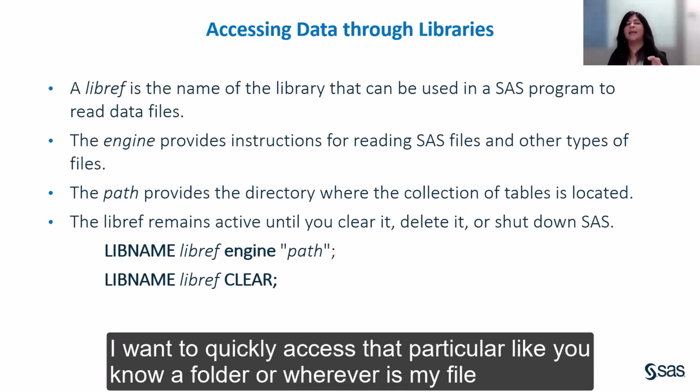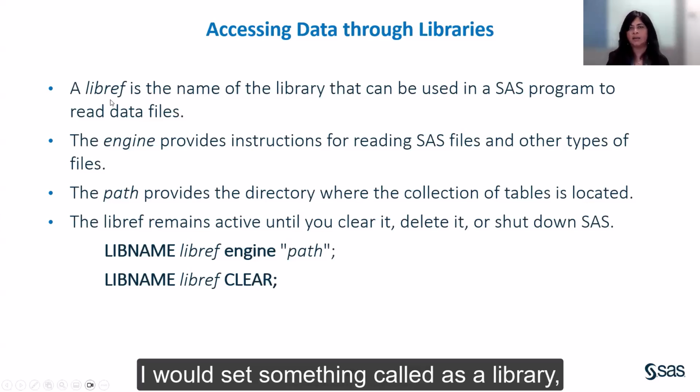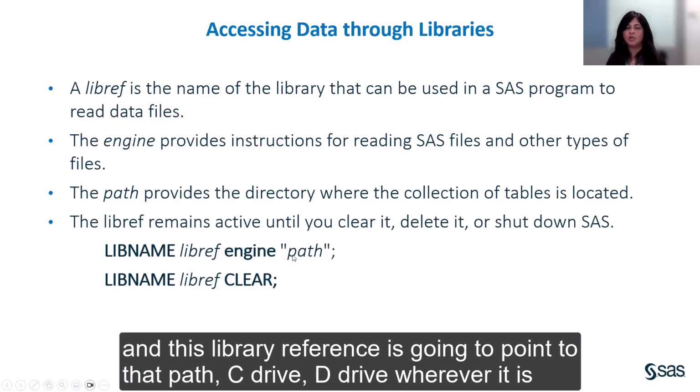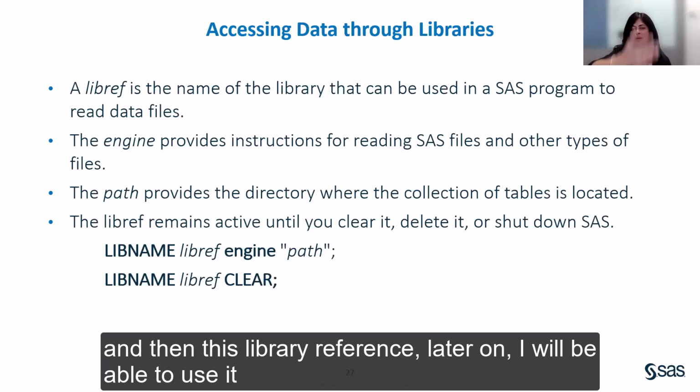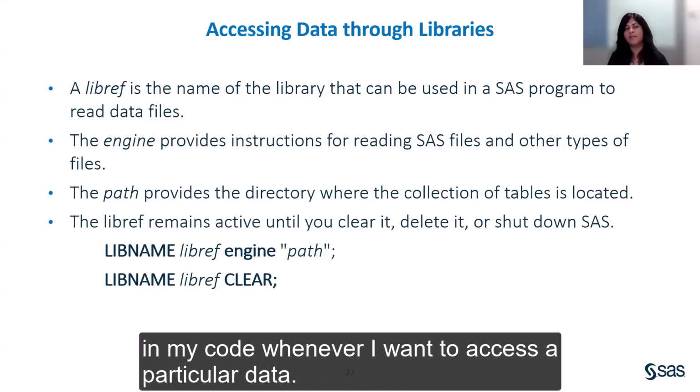I want to quickly access that particular folder or wherever my file is. I would set something called a library. And this library reference is going to point to that path, C drive, D drive, wherever it is. And then this library reference, later on, I will be able to use in my code whenever I want to access a particular data.